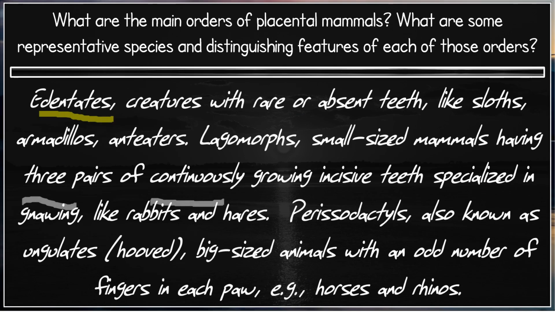Edentates, creatures with rare or absent teeth, like sloths, armadillos, anteaters. Lagomorphs, small-sized mammals having 3 pairs of continuously growing incisive teeth, specialized in gnawing, like rabbits and hares.